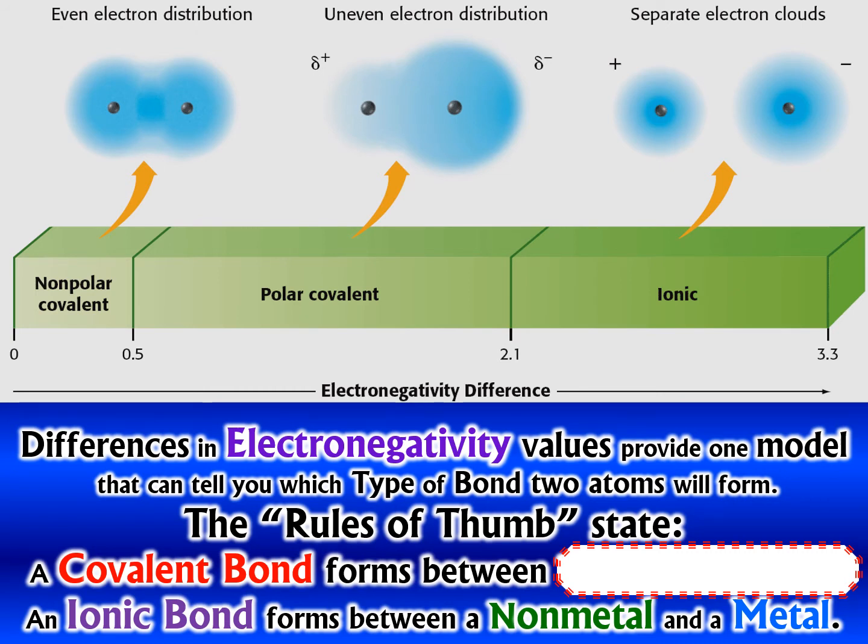However, in the other kinds of bonds, like polar covalent and ionic, that is not true. In a polar covalent bond, it is not quite fair because one side with the greater electronegativity is hogging the pair of electrons and gaining possession of that pair.